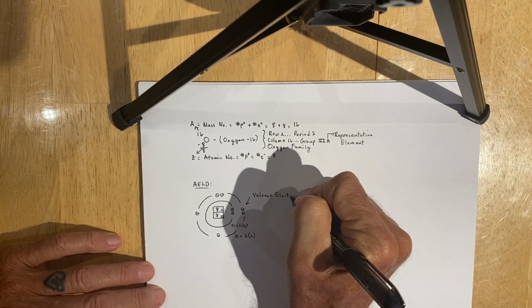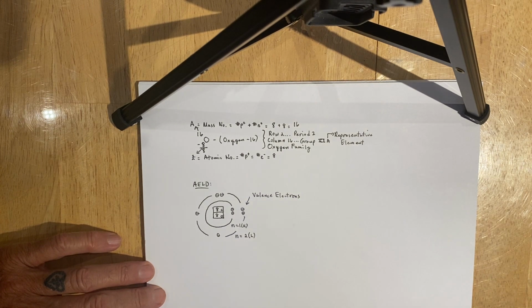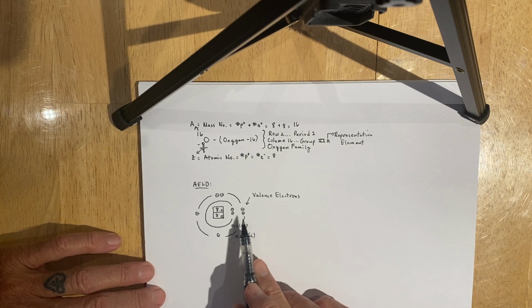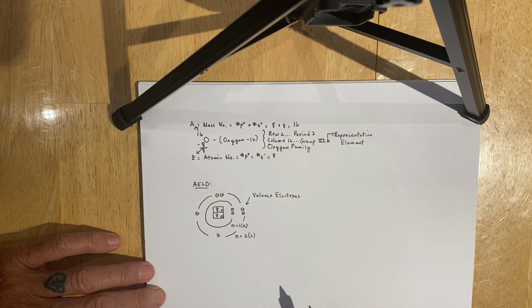And we're going to provide a more sophisticated definition of valence electrons. Heretofore, we've said that valence electrons are the number of electrons in the highest occupied energy level. Now we're technically going to change that to the number of valence electrons in the highest occupied s and or p sublevels.